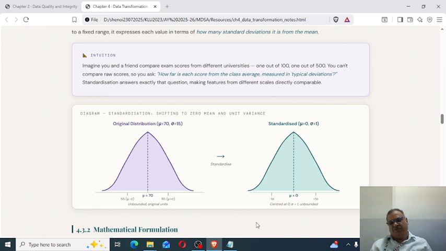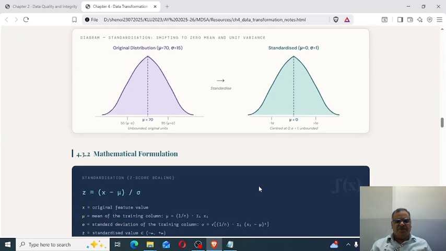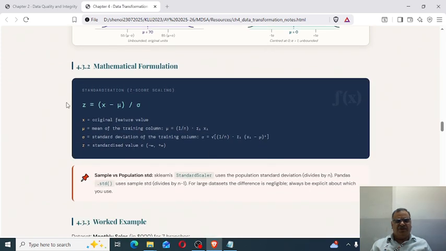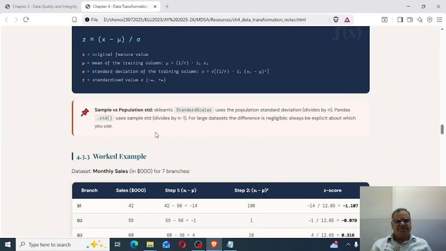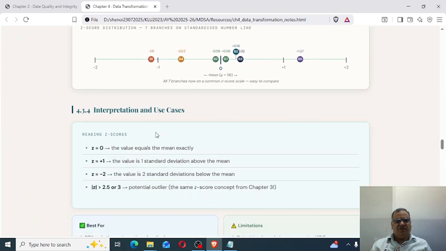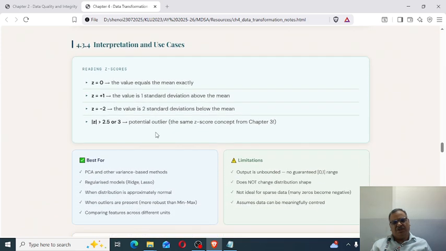So basically it will be 1 sigma, minus 1 sigma. The z-score is given as x minus mu divided by sigma. The z-score is very easily normalized, and those values that are more than 2.5 away on either side will be called outliers.